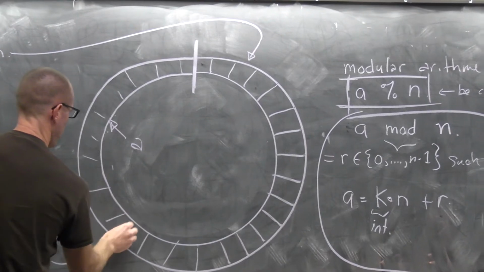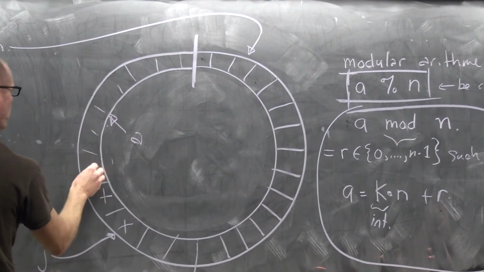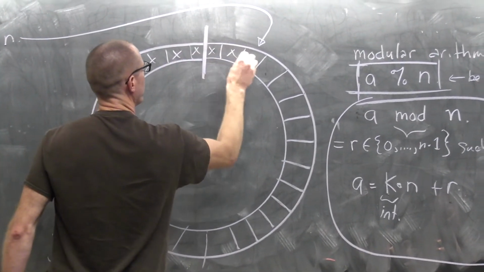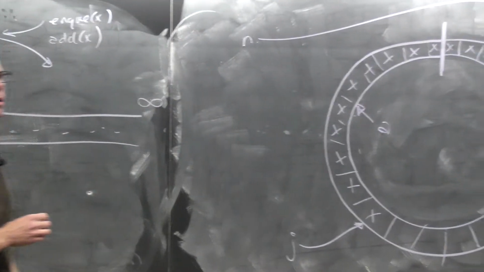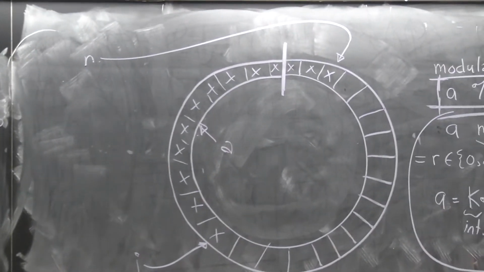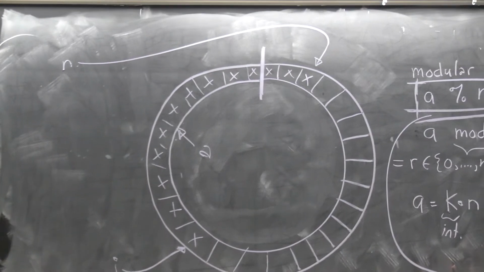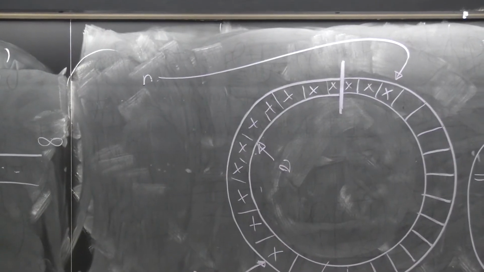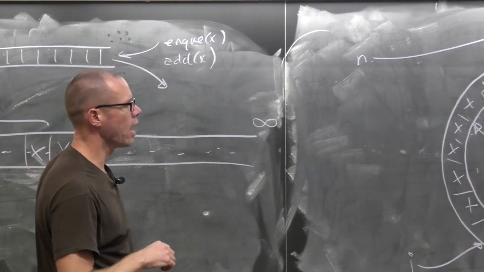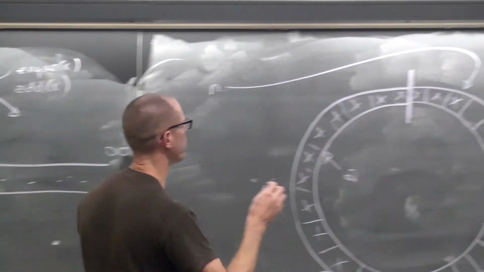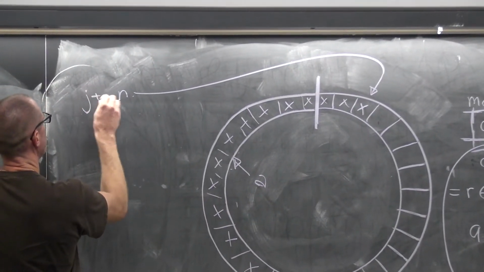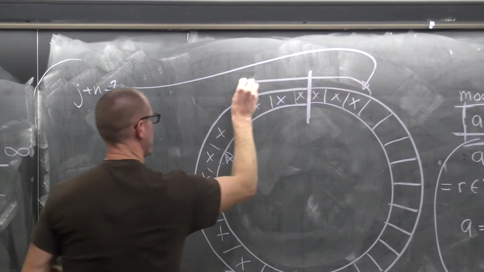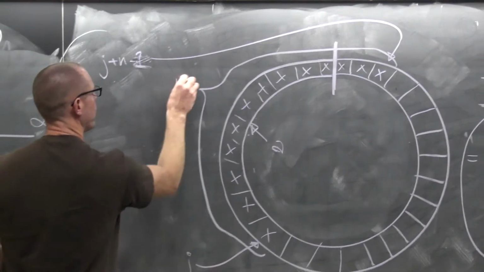And so what we know is that positions j plus 1, j plus 2, j plus 3, and so on, all of those things contain the elements in our queue. Sorry, this should be j plus n minus 1. The count of these elements is n.